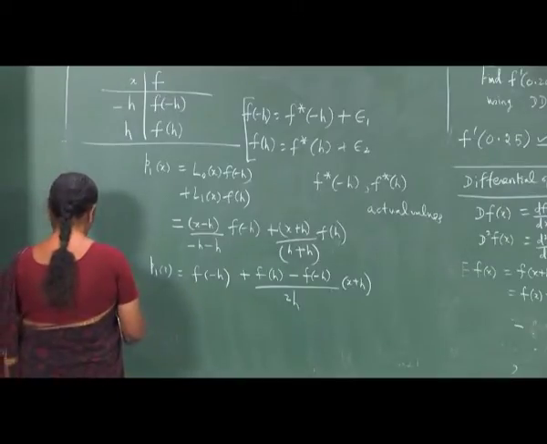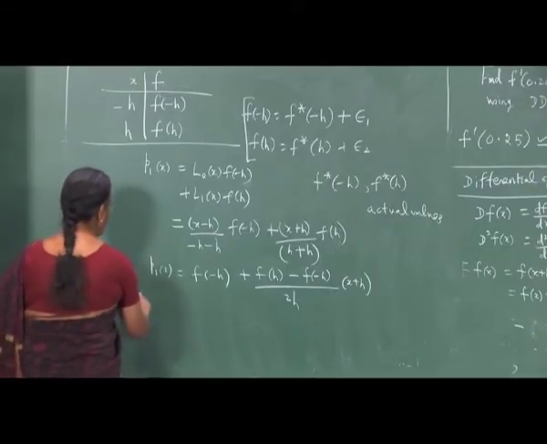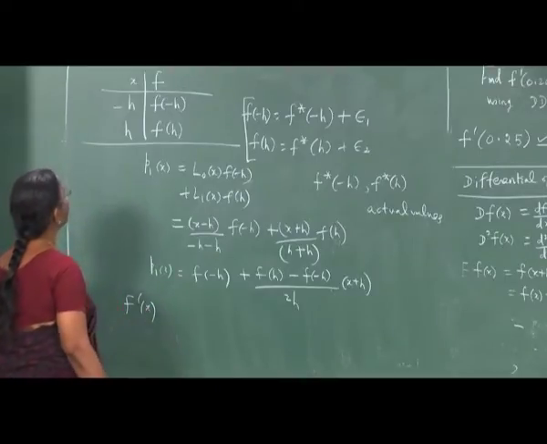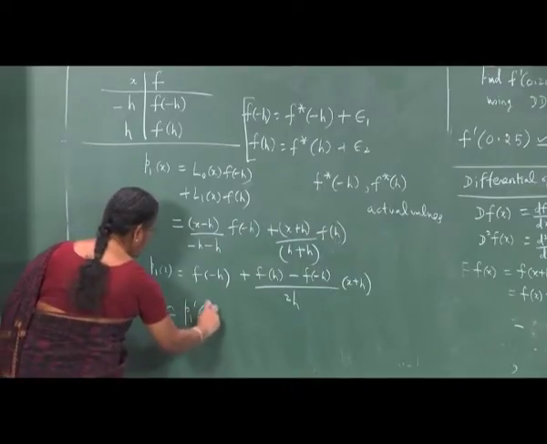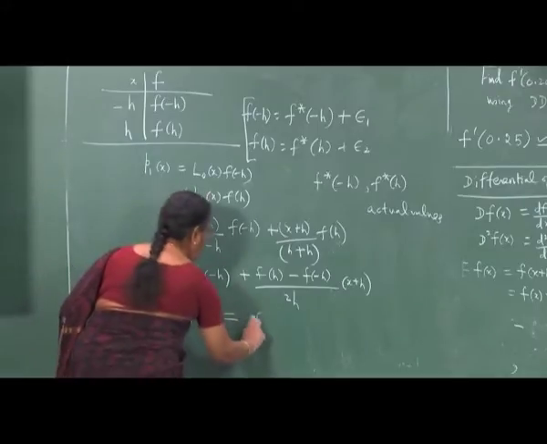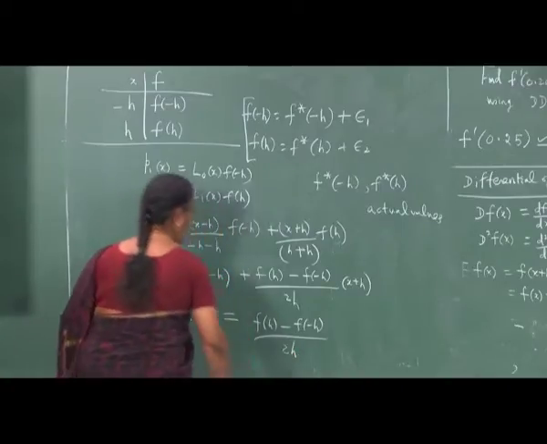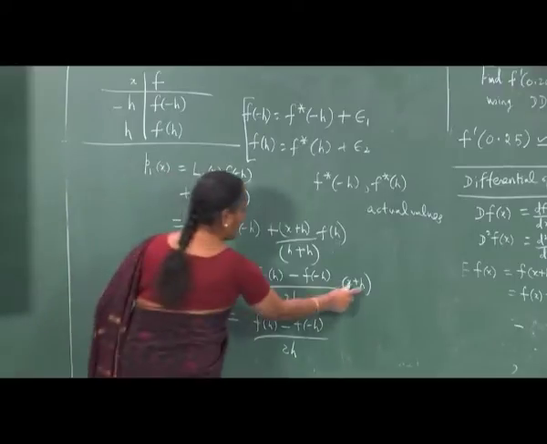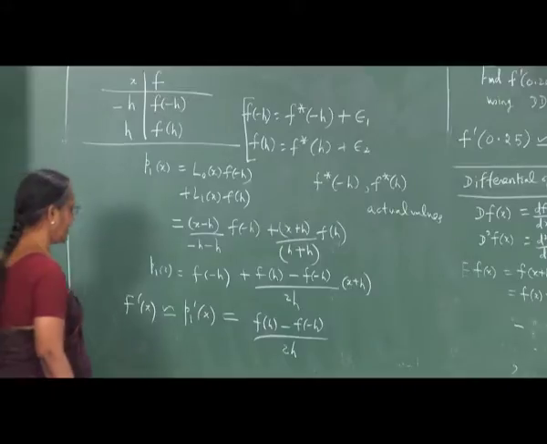So, I compute f dashed of x, which is the derivative of f, and we know that it is approximated by the derivative of p1 of x. So, p1 dashed of x will be f of h minus f of minus h by 2h into the derivative, which is 1 here. So, p1 dashed of x is the term on the right hand side.